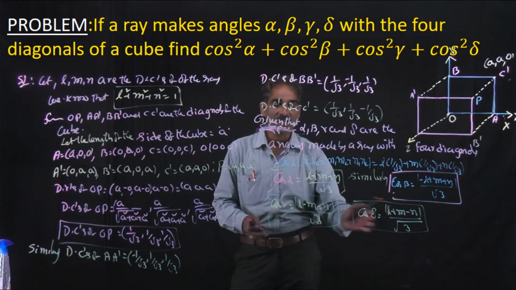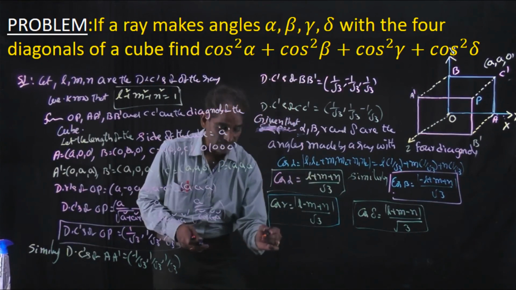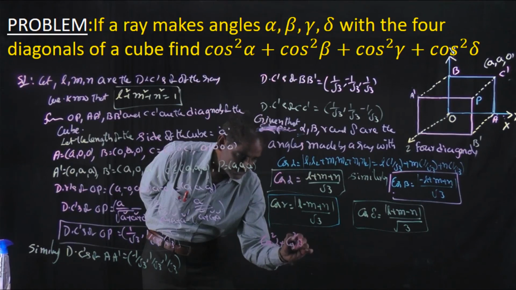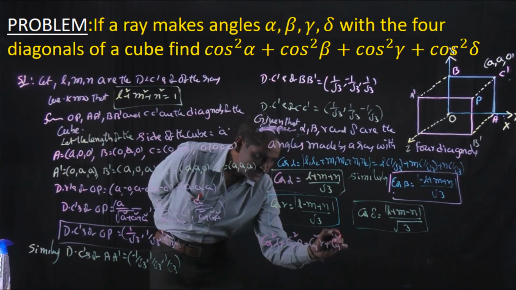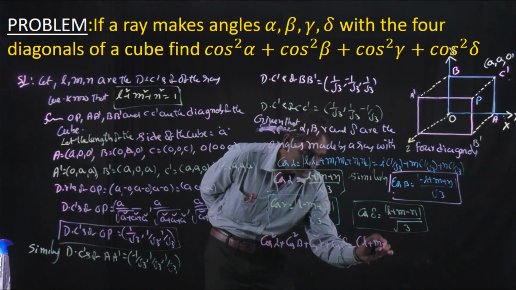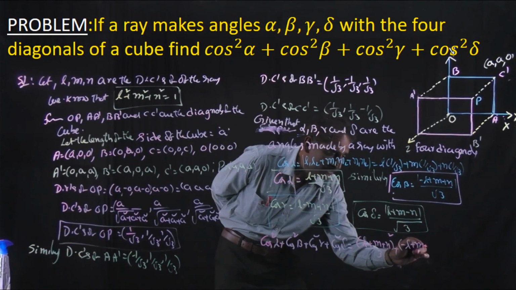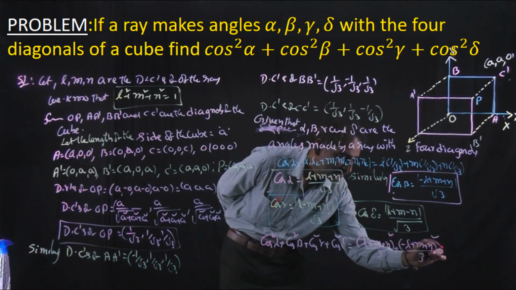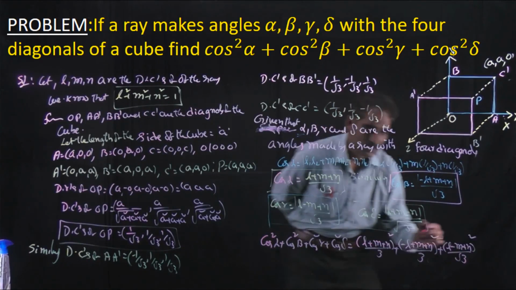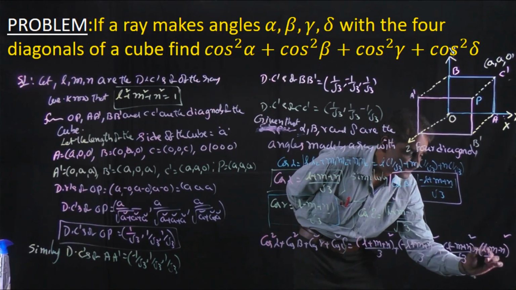Just squaring and adding these four values, we will get the required result. Then cos square alpha plus cos square beta plus cos square gamma plus cos square delta is equal to L plus M plus N whole square by 3, plus minus L plus M plus N whole square by 3, plus L minus M plus N whole square by 3, and the last one is L plus M minus N whole square by 3.